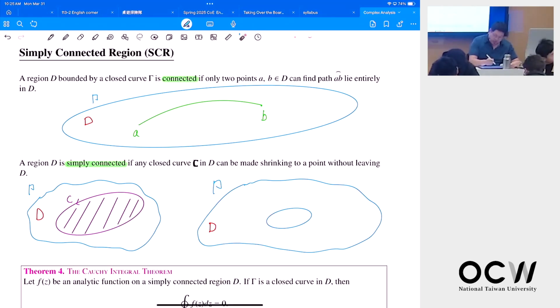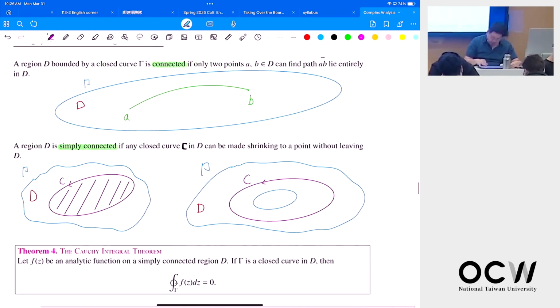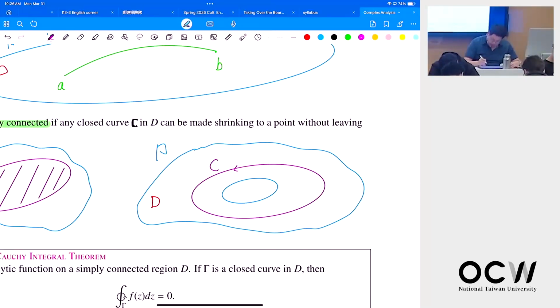So in this case, if I have closed curve C, this is my closed curve C, then it can shrink, but it cannot shrink to a point because eventually it will shrink to another closed curve.